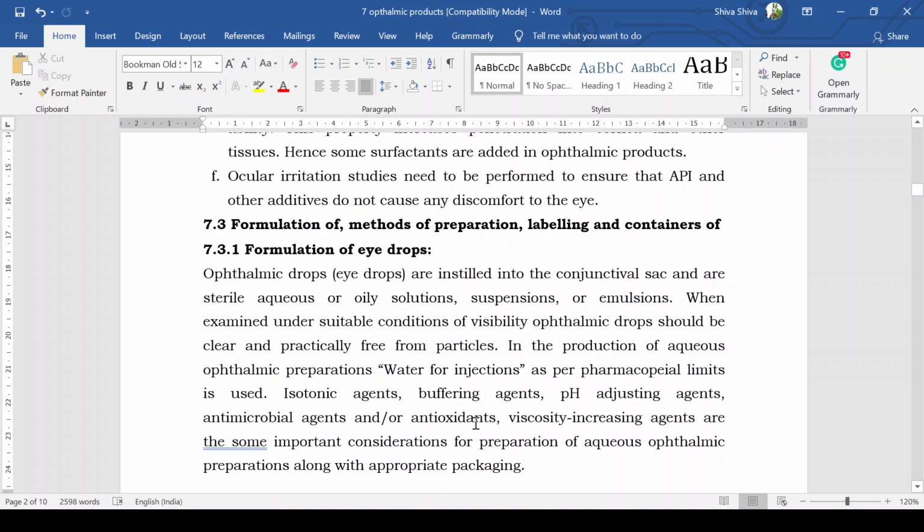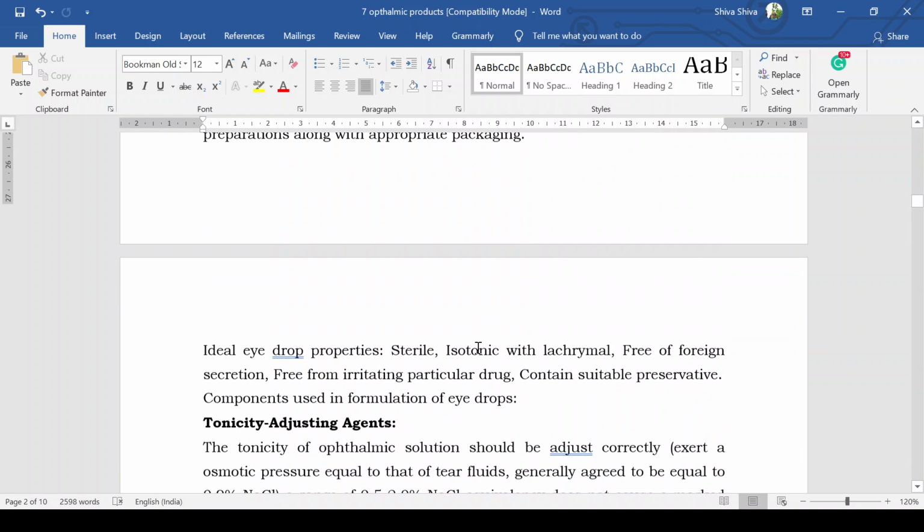And packaging is also important. Packaging is an important consideration for storage of the product, for increasing the stability of the product, as well as it should be useful for delivery of contents into the eye. So it should be useful from the patient point of view also.